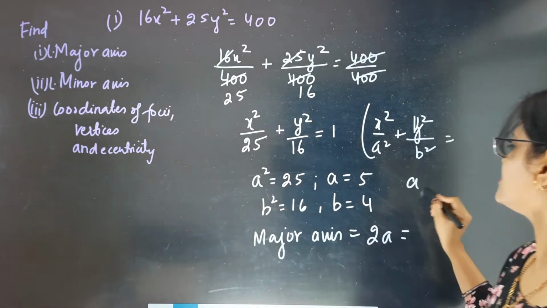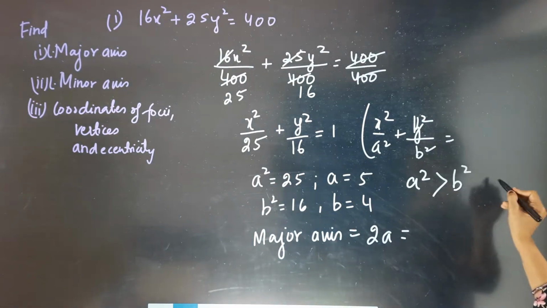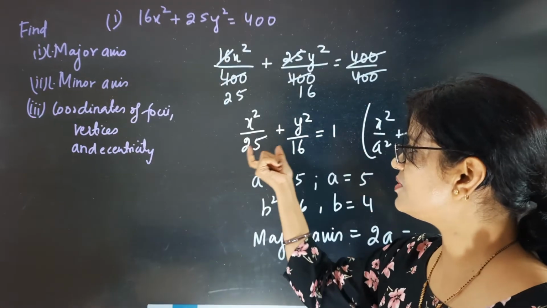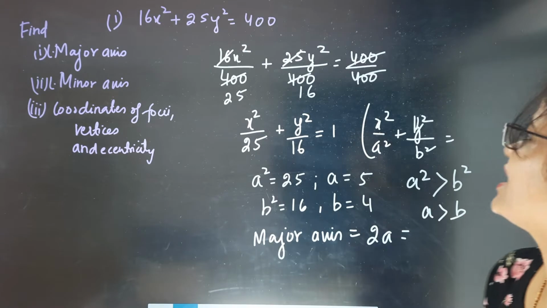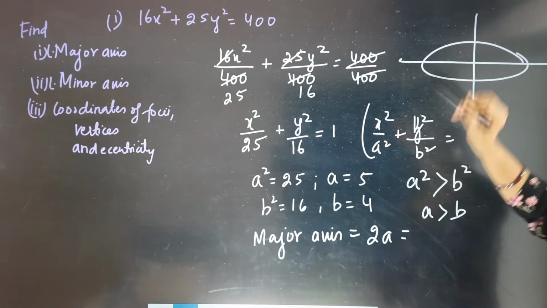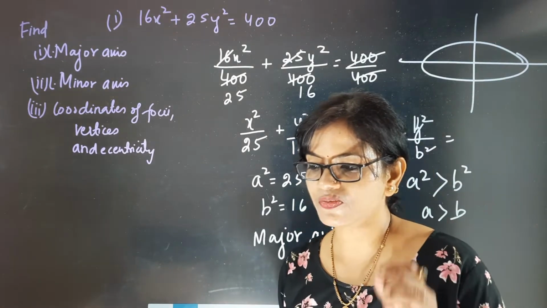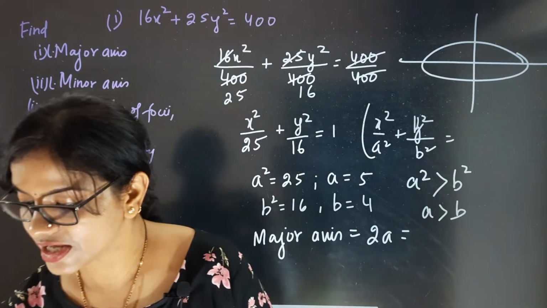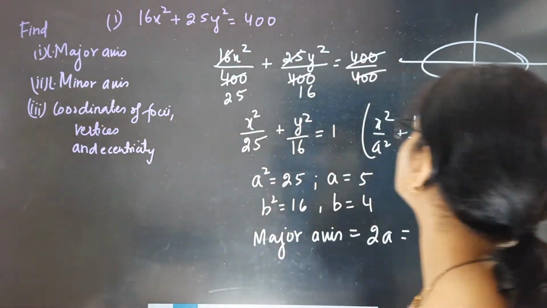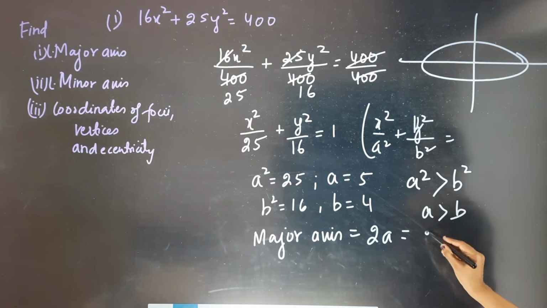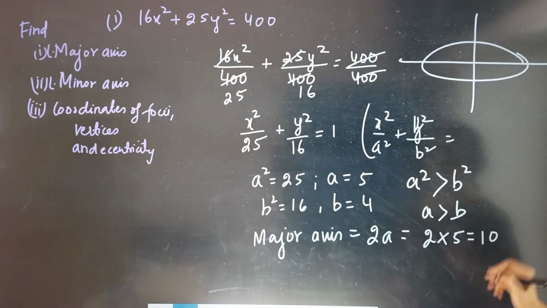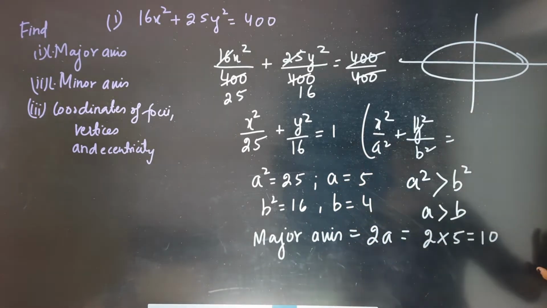Here a square is greater than b square, so a is greater than b, which means the major section of the ellipse is resting on the x axis. A is 5, so the major axis length is 10.